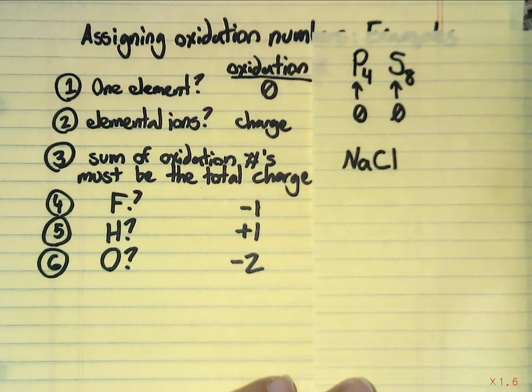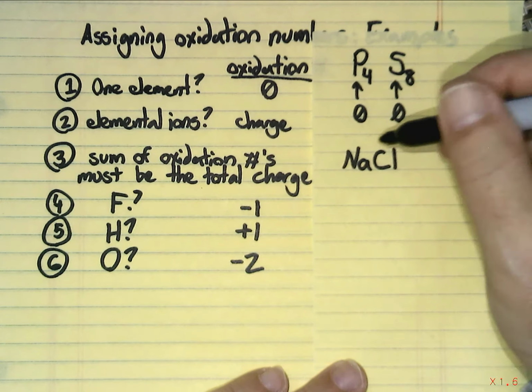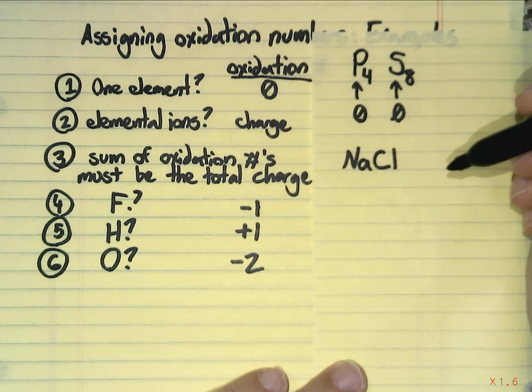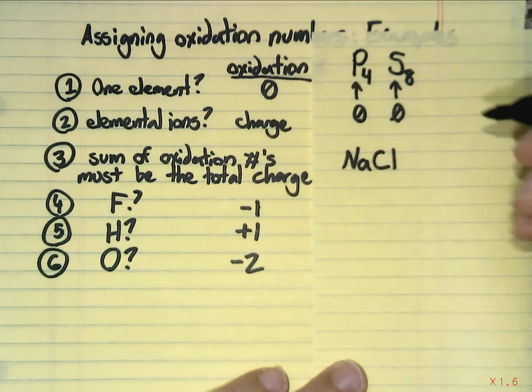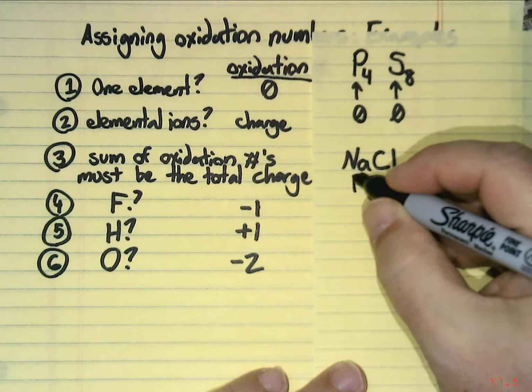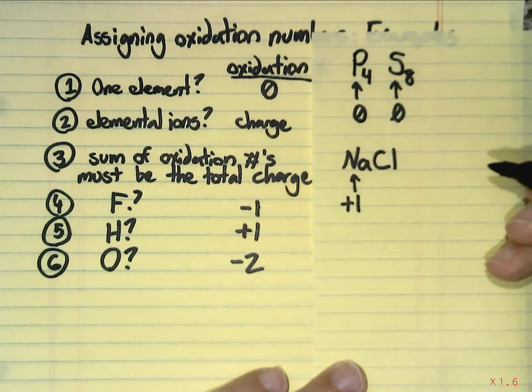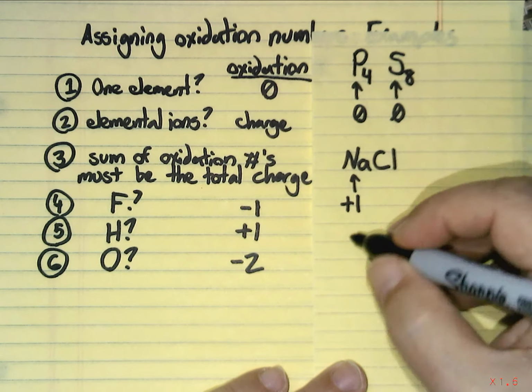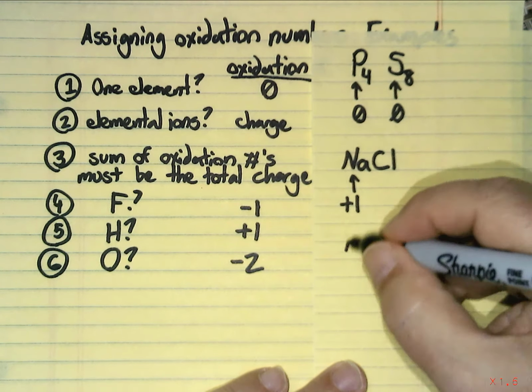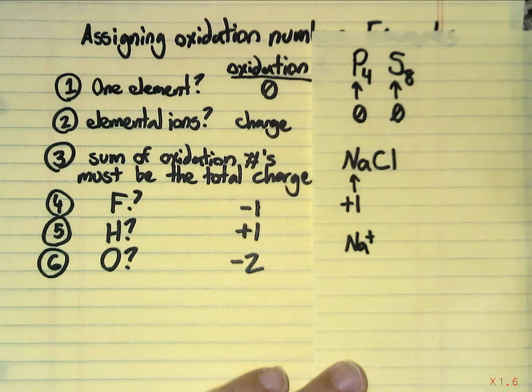So I've got an ionic compound here, and further I can look at which column these elements are in. The sodium is in the first column, the alkali metal column, where I know everything forms +1 ions. So what I have in there is a sodium ion that looks like this. It's got a +1 charge, so I'll say the oxidation number there is +1.